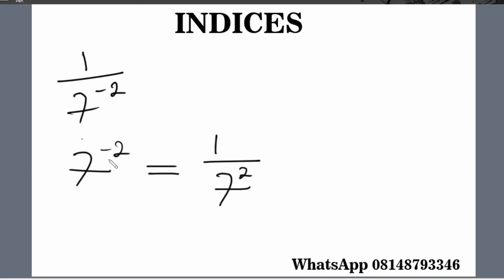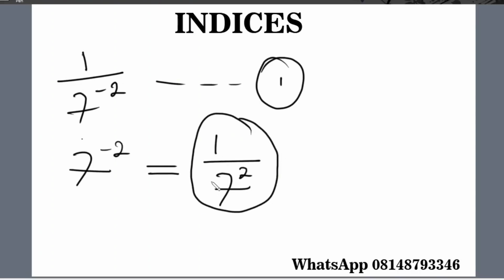So 7 raised to the power negative 2 is similar to the questions that we've solved under negative index law. Now let's call this equation 1. The next task is to substitute this answer into equation 1.